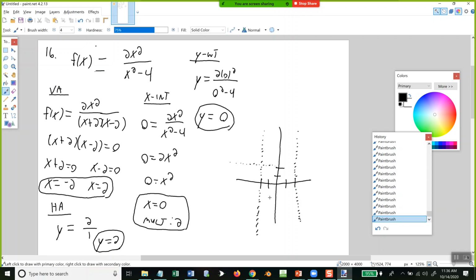It's going to skim that at some point. I said my x-intercept is 0, and by its nature, when it's through the origin, your y-intercept has to be 0 also. No choice on that. And I said multiplicity is 2. If you remember what that meant before, multiplicity being even means it touches at a point and goes back down, or it comes down and touches a point and goes back up. This one's going to go down.